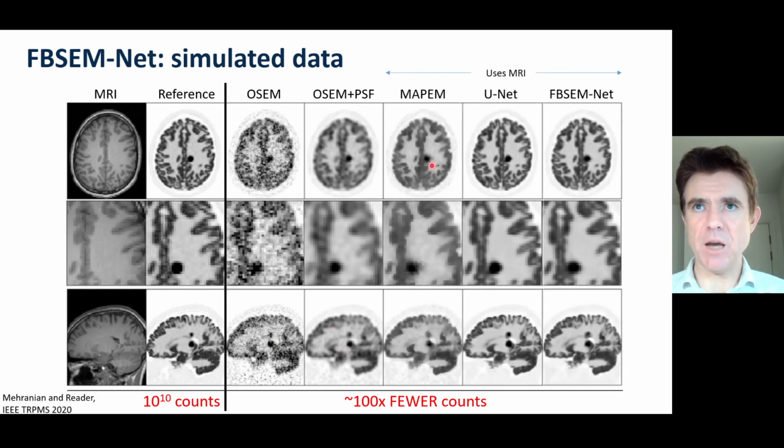Then if we do a MapEM with MR guidance, we get this result here. And then on the right hand side, I'm showing the outcome of using FBSEM net. And you can see the image quality improvement compared to MapEM and compared to OSEM is actually very favorable indeed.